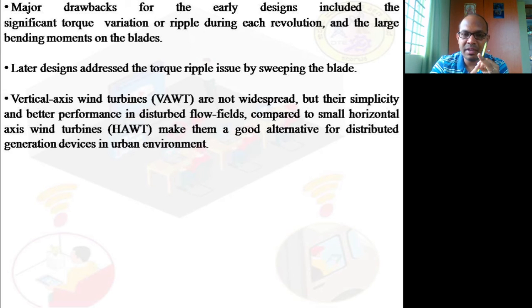It should monitor the yawing, the wind speed and direction, and it should monitor variations in the speed also. So these complexities are not present in vertical axis turbines. That makes them an alternative for use in urban places, urban environments also.